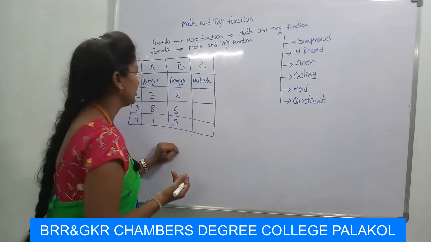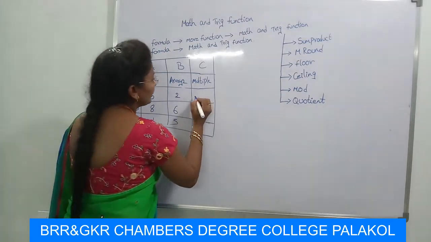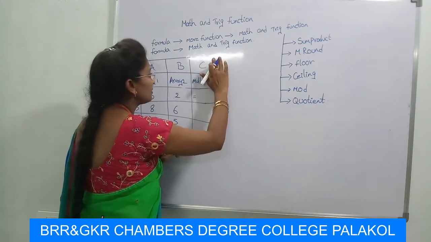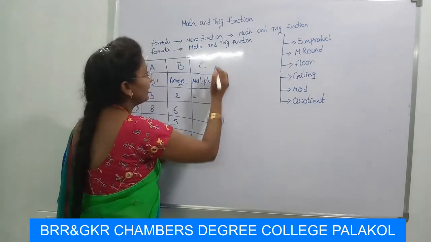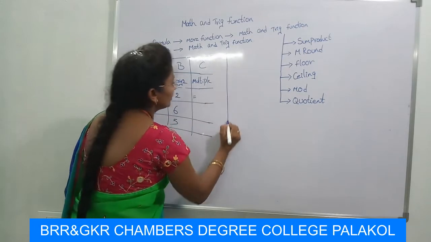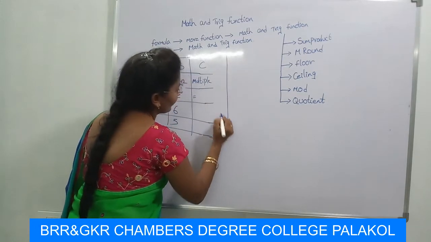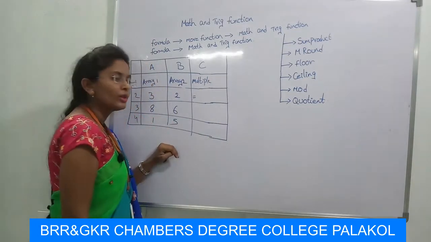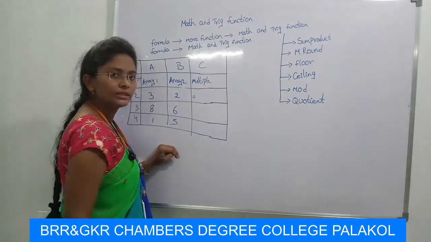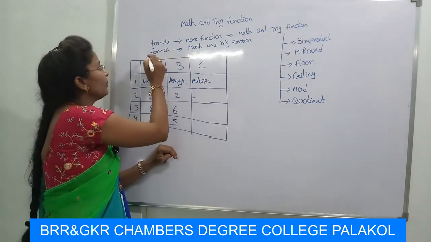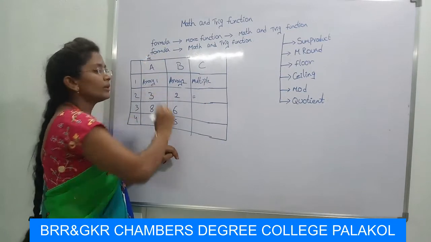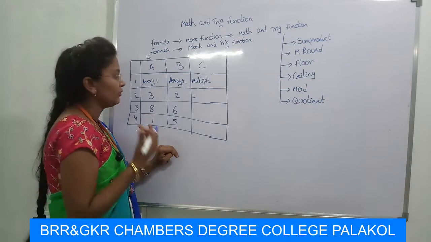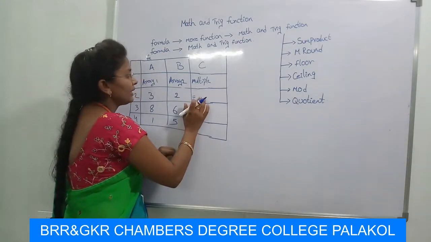Here I have to write the formula. I want the result in this cell, that's why I am selecting this cell and writing the formula in this cell. Or you can write the formula in the formula bar also. Here I am writing the formula for multiple.